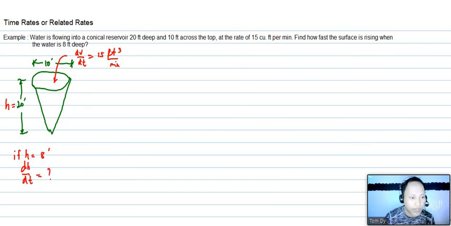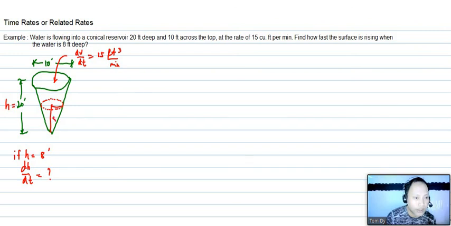We're going to find dh over dt, how fast the surface is rising. So if this is the case, this is the level of water, and this is 8.